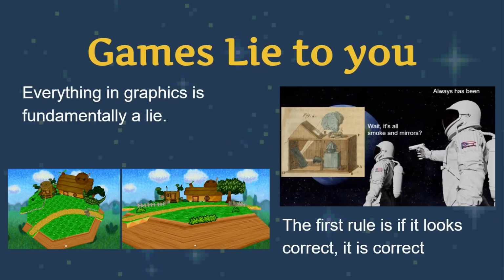Games are also smoke and mirrors. They lie to you about everything. So for example, if something is in 3D, one way to save on processing is by just using flat planes instead of drawing a whole model.